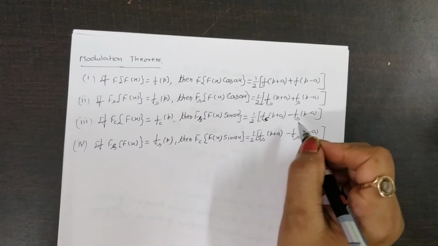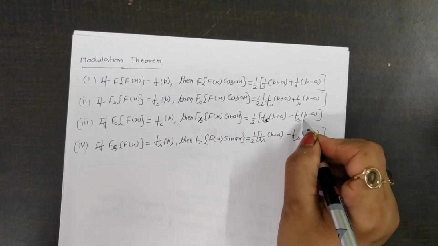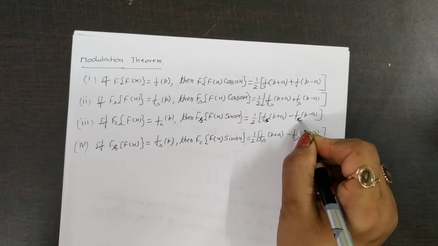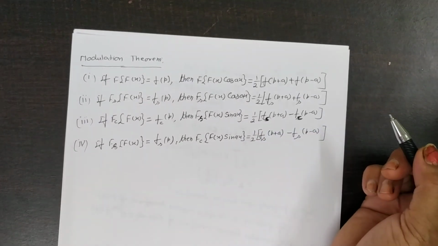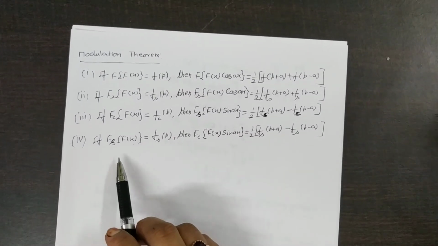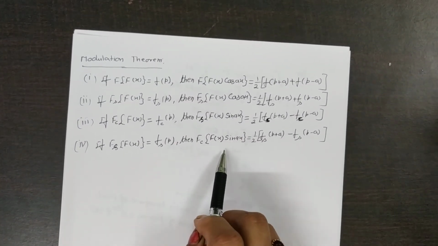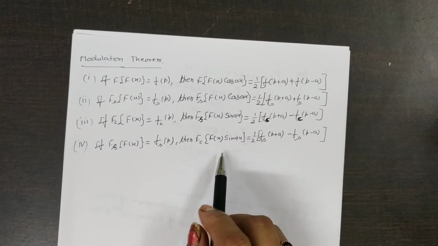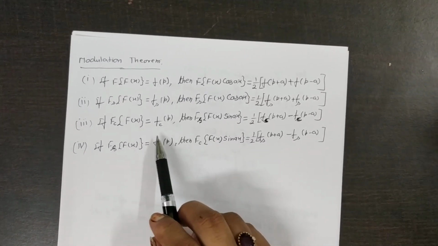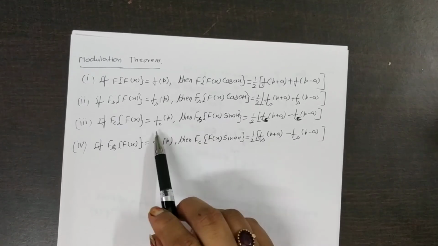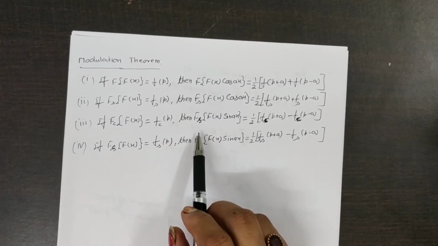If you calculate, you get this result, minus Fc. For the sine series, if you take sin ax, you take the sine series, and for the cos series you get Fs.